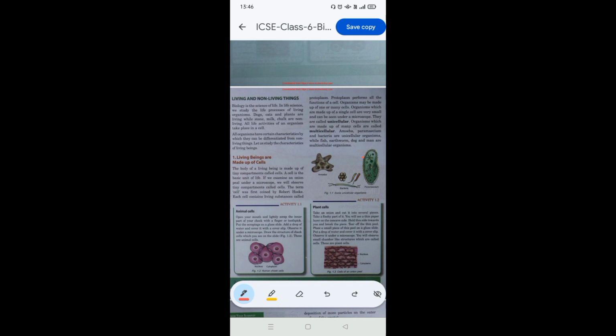And in case an organism is made of one cell, it is called unicellular. More than one means multicellular.